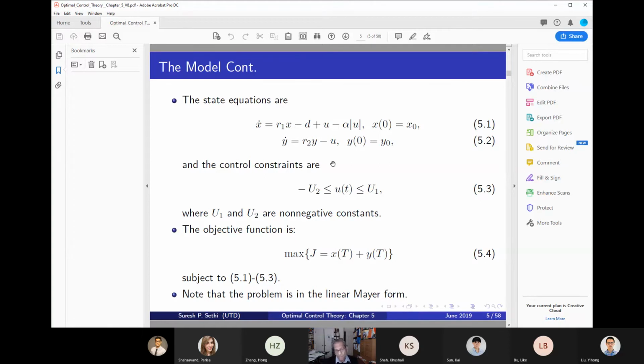You can also calculate the income and expenses and take a derivative, but that will give you the Boltzmann form. This is the Meyer form. So we can write the equation in Meyer form or Boltzmann form, but we write in Meyer form, and the Meyer form is xT plus yT.